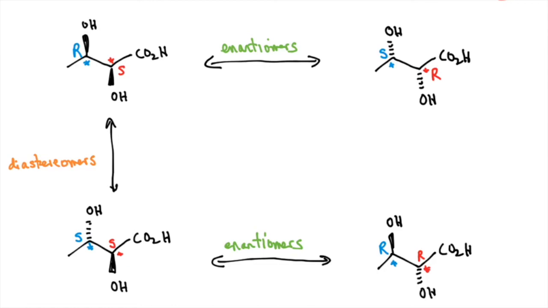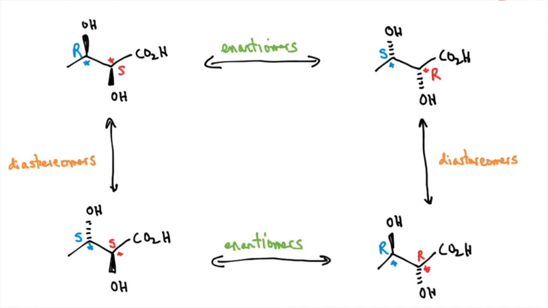And so diastereomers will be a case in which you change every single stereocenter but one as you go from one molecule to the next, or you change none of the stereocenters but one. Whereas in enantiomers, you change all of the stereocenters. Likewise, if you look at the bottom right and the top right, these are also non-superimposable, non-mirror images, and so we call those diastereomers as well.